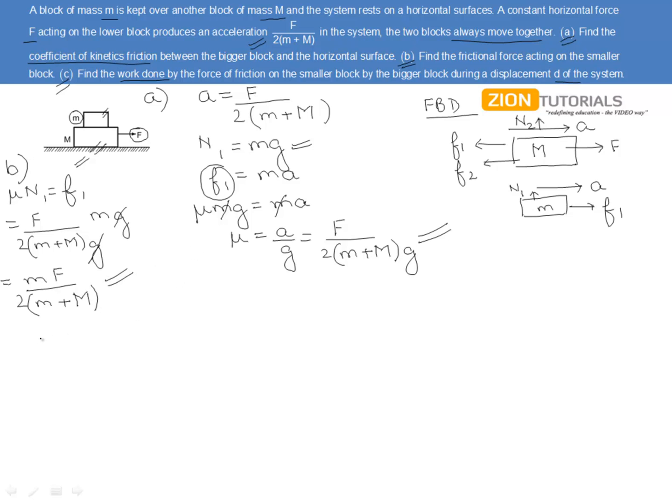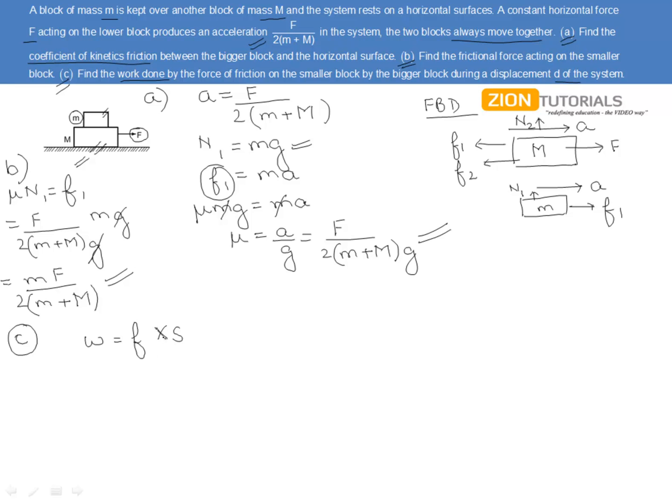Now, proceeding with the C part, that is the third part, which is to find the work done by the force of friction on the smaller block by the bigger block during the displacement d of the system. Now we all know that the work done equals force into displacement s in the direction of this force. This is not a cross, this is simply the multiplication, okay?